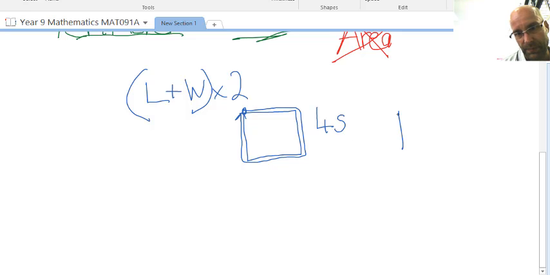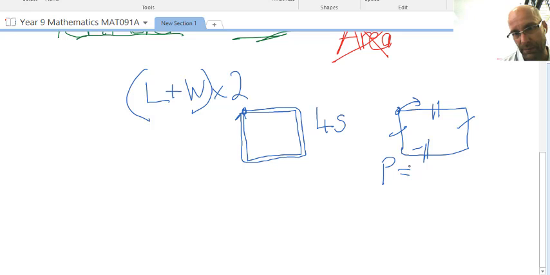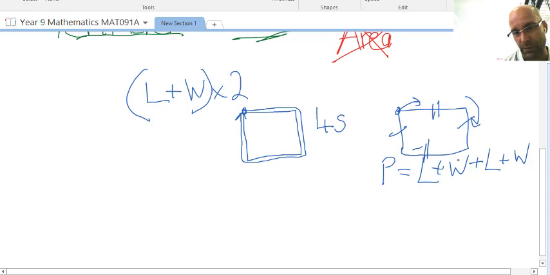With a rectangle, again, just remember that it's the distance around the shape. With a rectangle, we have 2 sides the same and the other opposite 2 sides the same. So the perimeter there would be, if we start here and go that way around it, length plus a width plus another length plus another width will get us back to the start. That's why it's 2L plus 2W, or L plus W times 2.